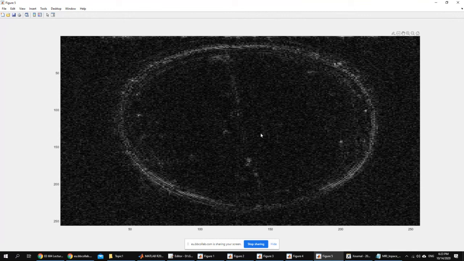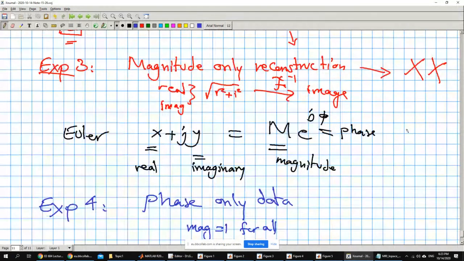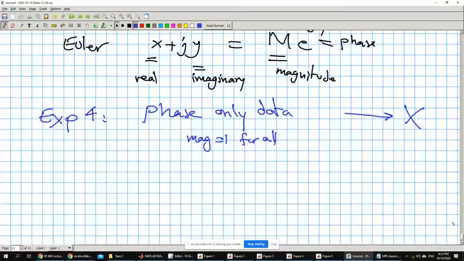It's not an acceptable image, but it's a less distorted version than the one that we computed before. It's bad, but it's better than this one. This is really bad. So reconstructing from the phase-only data is not sufficient.